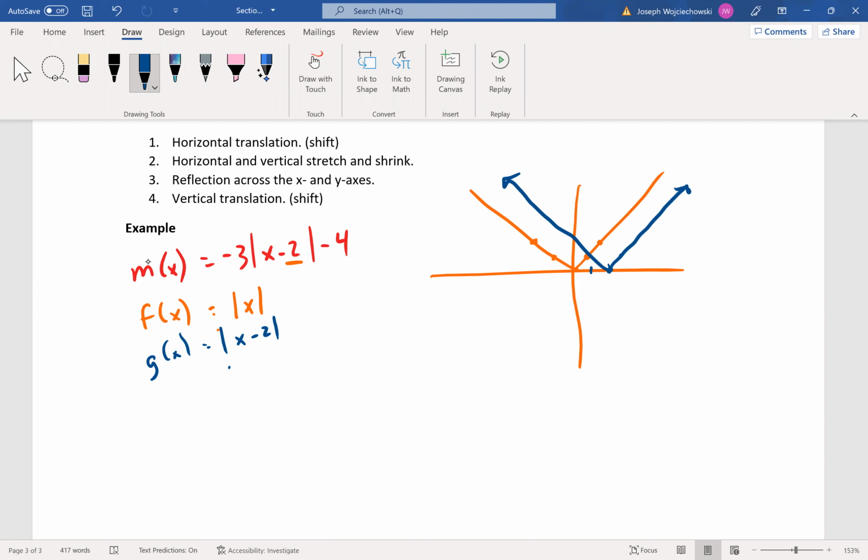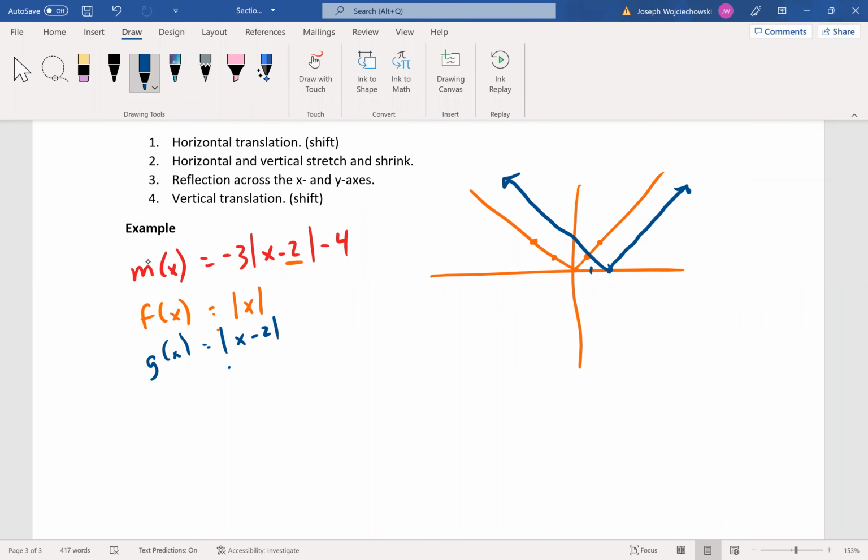Okay, next we have horizontal and vertical stretch. That's multiplying by anything inside. We are not, so there is no horizontal.